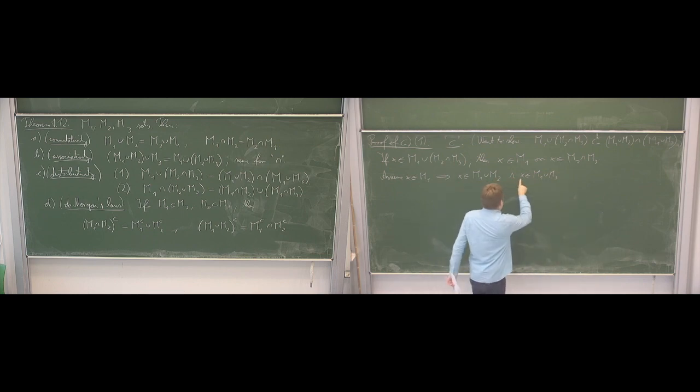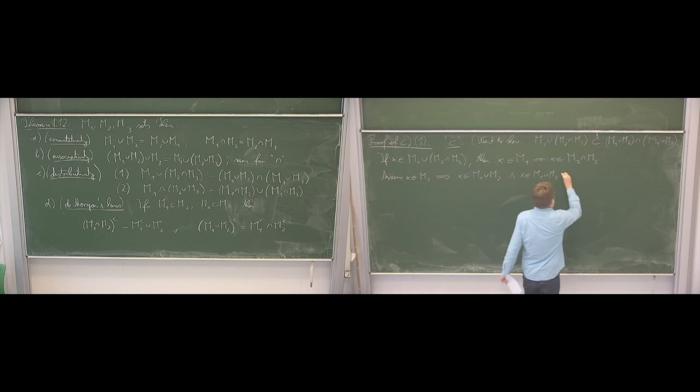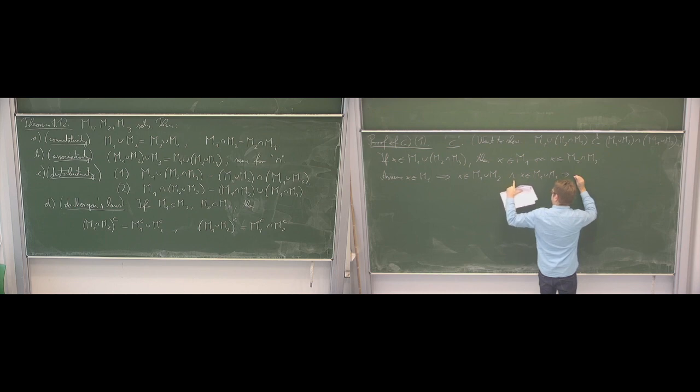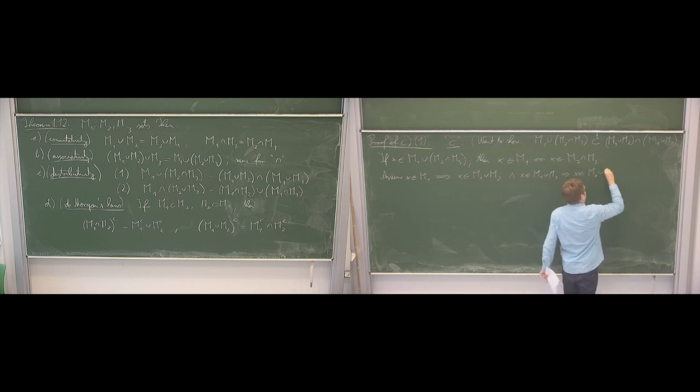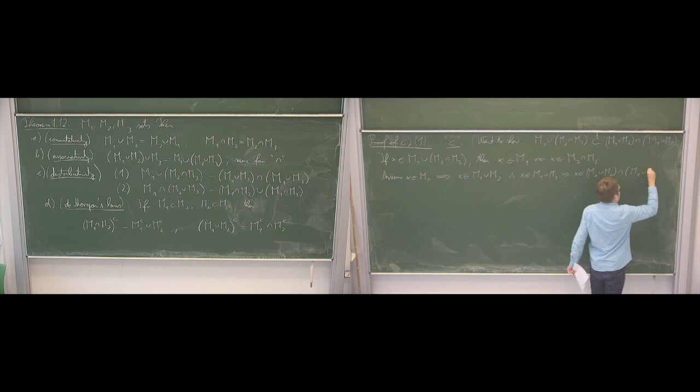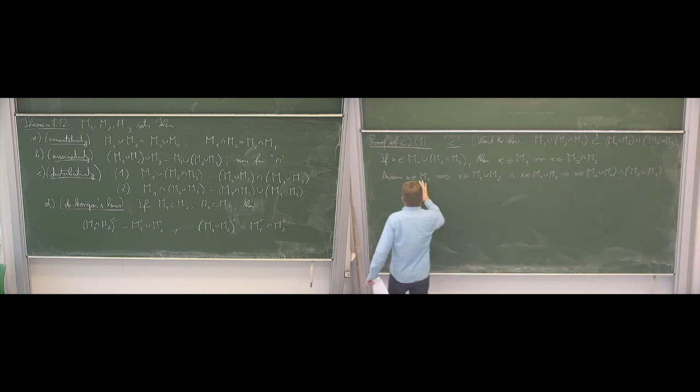But if it's in both unions, by definition, this means it's in the intersection of the two. So x is in M1 union M2, intersected with M1 union M3, and this is what we wanted to show. So this is the first case.